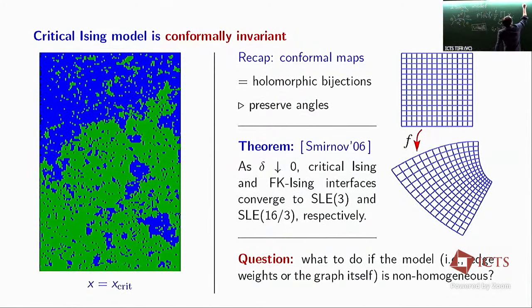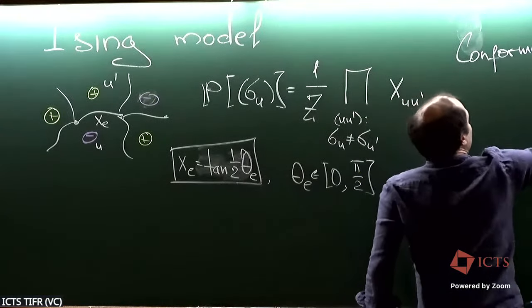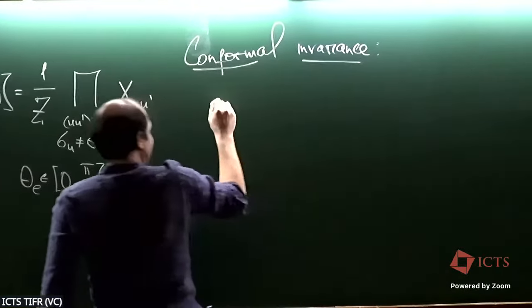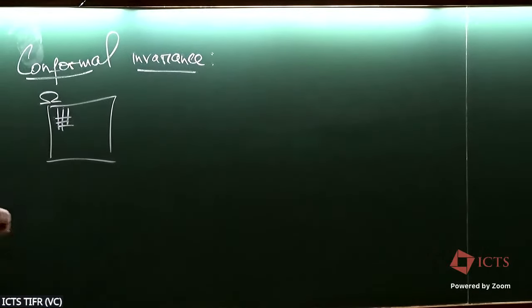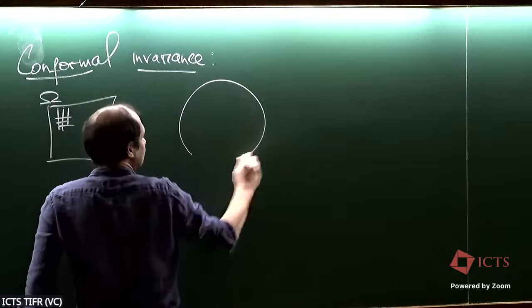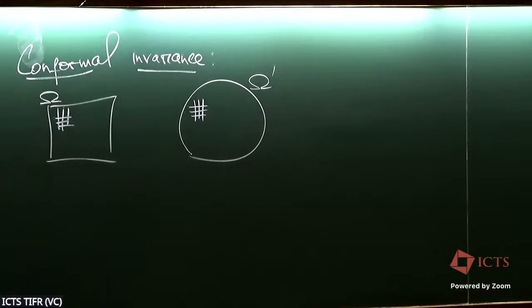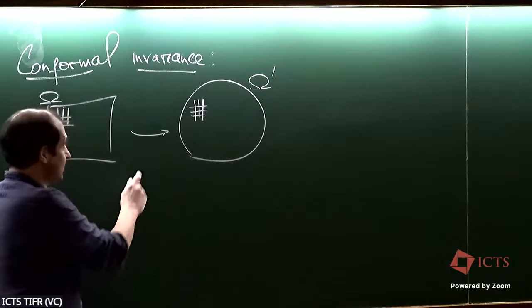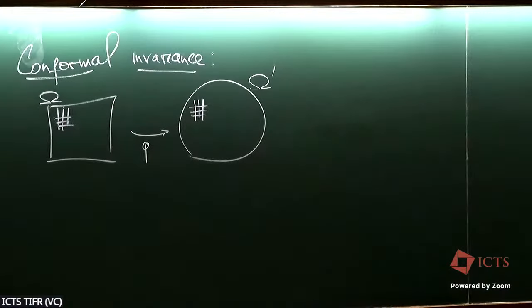But what's the conformal invariance? If I sample my model somewhere in a domain omega, take the limit here, and then sample my model in some other domain, omega prime, but still with the square grid parameterization, take the limit there, then I have a random configuration here, a random configuration there, and I can try to understand what happens if I map the left one to the right domain conformally.